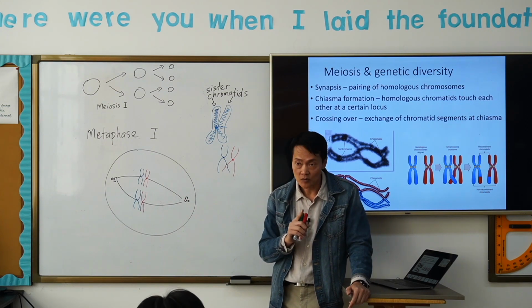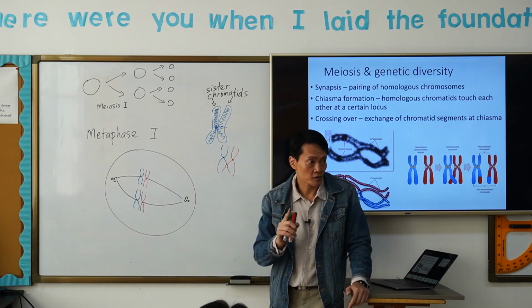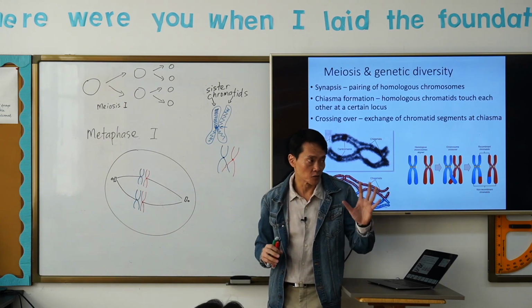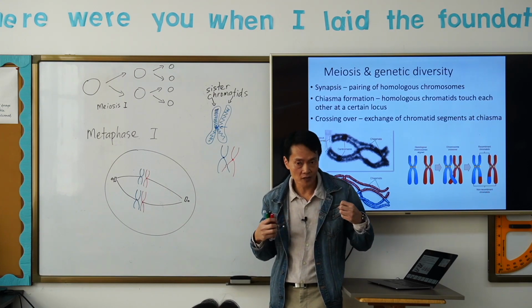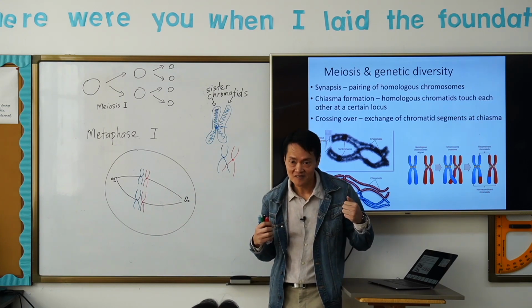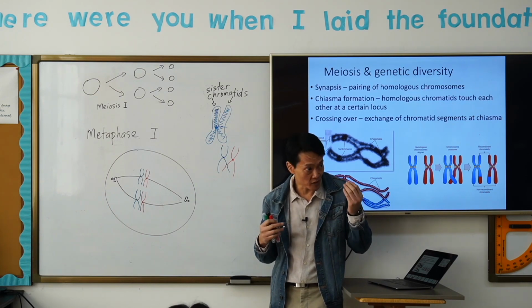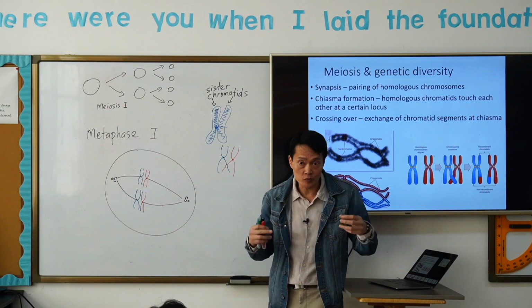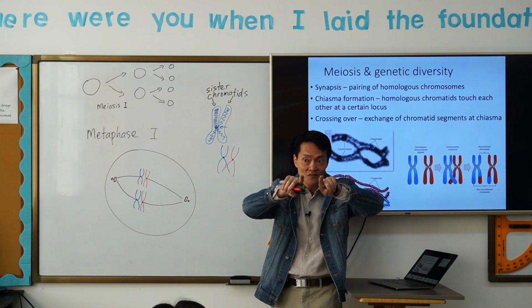Okay? Now, why is this difference important? What is the function of the spindles? When the centrioles pull, what happens? It will move the chromosomes, right? So in mitosis, when it pulls, because there are 2, what happens to the sister chromatids? They separate.